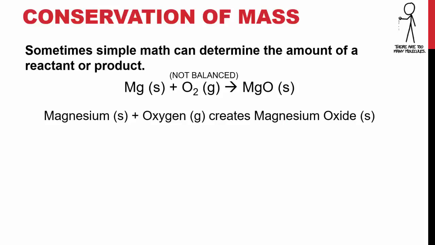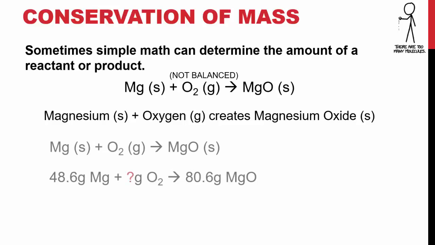In this case, we have solid magnesium and gaseous oxygen, and it creates magnesium oxide, which is a solid. Let's say you have 48.6 grams of magnesium, but we don't know how many grams of oxygen we have. However, we can weigh our final product, which is 80.6 grams.